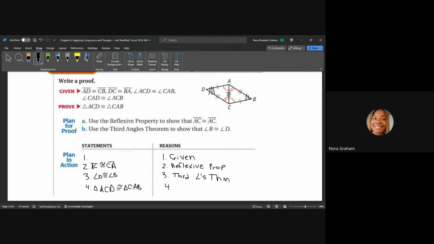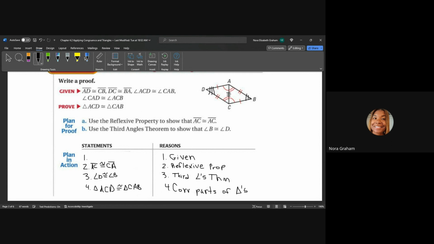And this is by the corresponding parts of triangles. All right, and that finishes that proof.